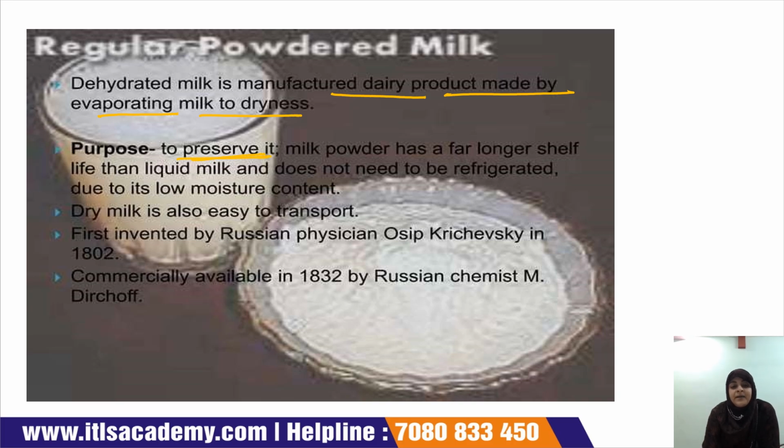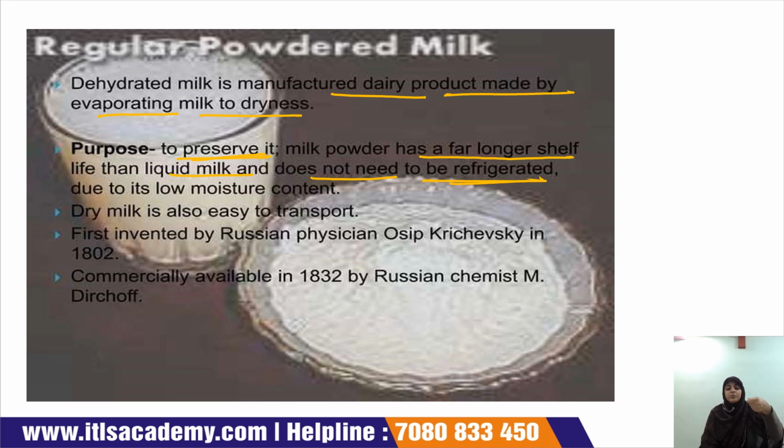We all know that the shelf life of milk is very low; you can consume the milk within 2 to 3 days. But milk powder has a far longer shelf life than liquid milk and does not need to be refrigerated.